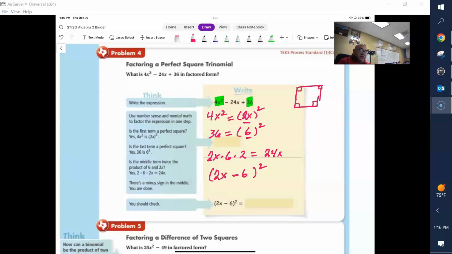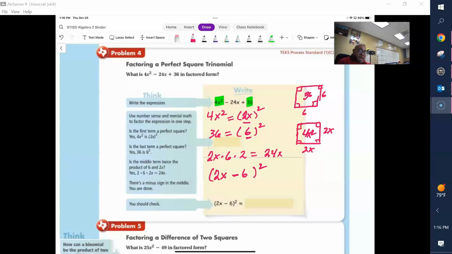Remember, when you have a square, the attributes of a square are all the sides are congruent. So a square number has the same measurement on each side. A square term has the same side measurement for each side of the square.